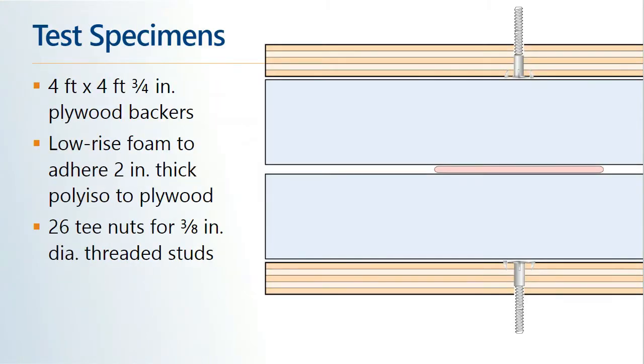So test specimens would basically consist of 2 layers of insulation that were adhered with the low-rise foam insulation adhesive. Those would be bonded to plywood backers, and then the samples would be attached to a large loading frame using T-nuts and metal threaded studs.